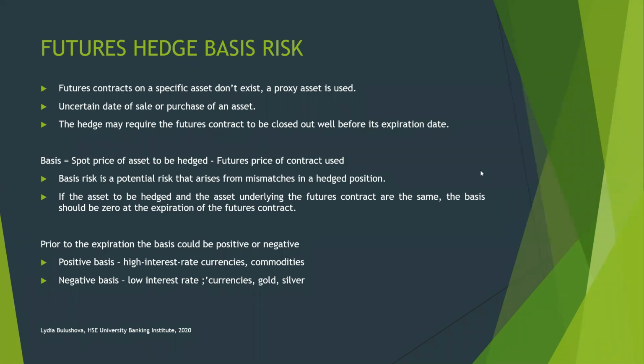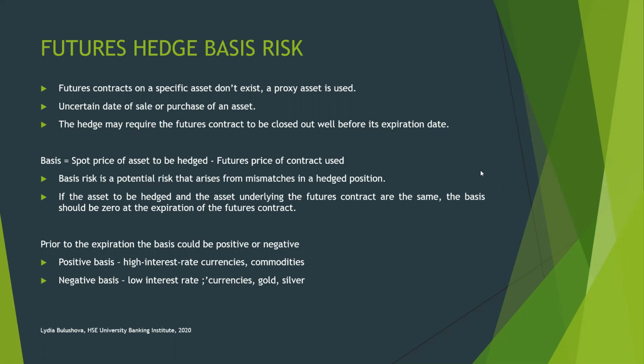So if you had an asset with a futures contract issued on this particular asset, the basis risk in fact should be 0 if you don't have any mismatch in dates. So there might be two different cases. You can have positive basis, you can have negative basis.